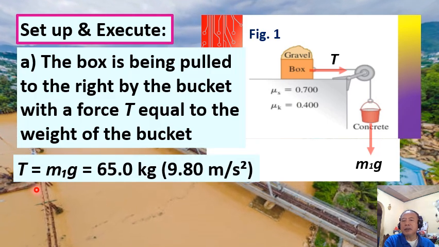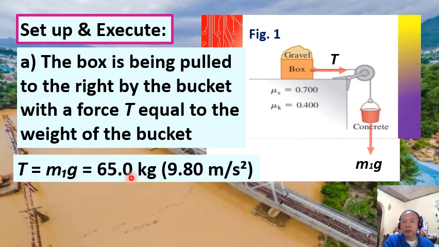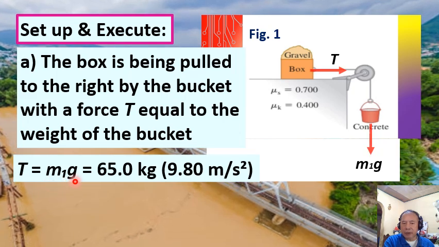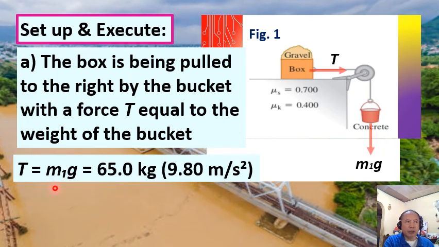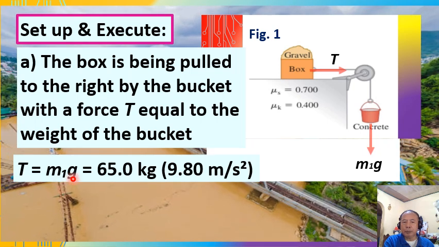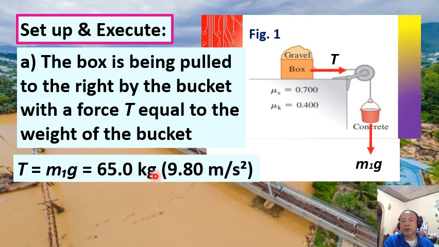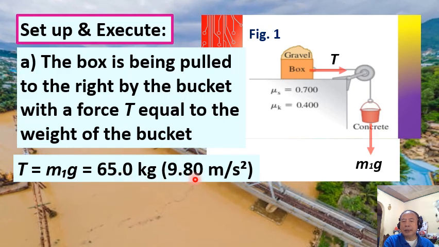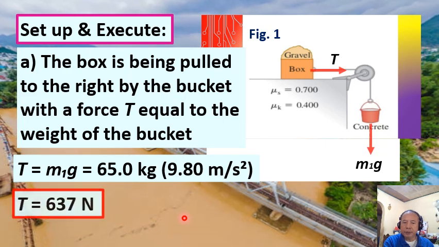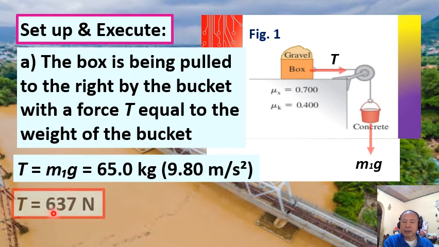That is the force of the cable or the tension force, capital T, which is just equal to the mass of the bucket of concrete, m sub 1, multiplied by acceleration due to gravity, or 65.0 kilogram times 9.80 meters per second squared.